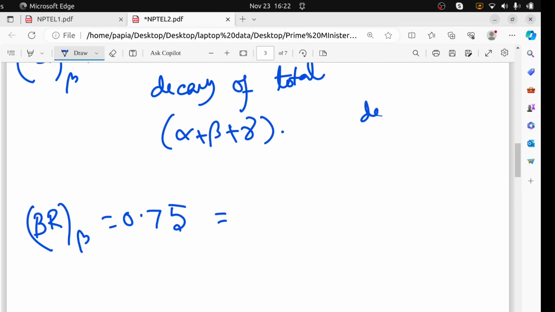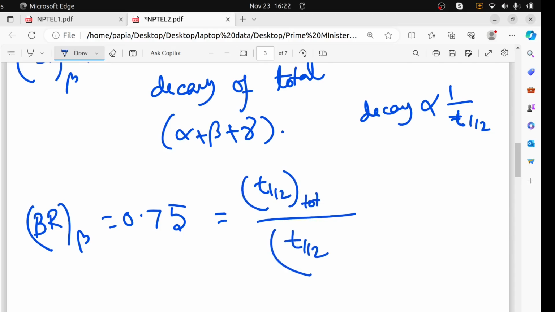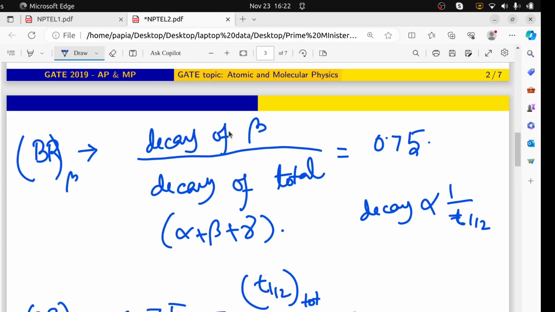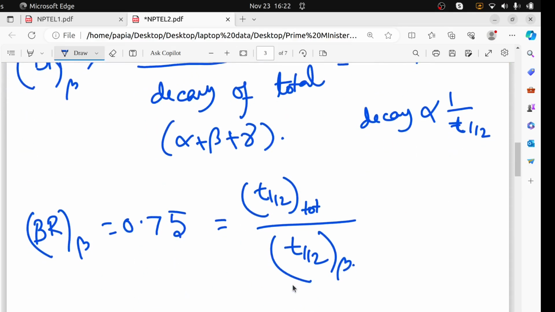Now we know that decay is proportional to 1 by T half. So we can write it like T half of total divided by T half of beta, because the decay of beta is in the numerator, and if the decay of beta is in the numerator, then obviously the half-life of beta will be in the denominator, and similarly decay of total is in the denominator, so in the numerator it will be T half of total.